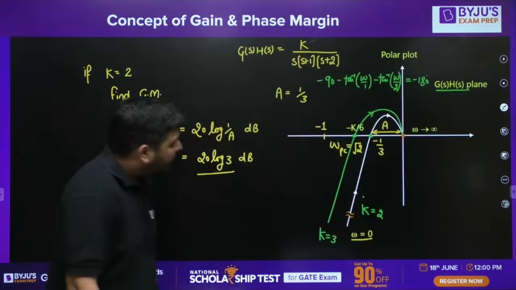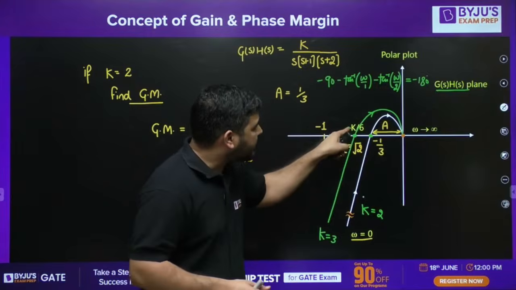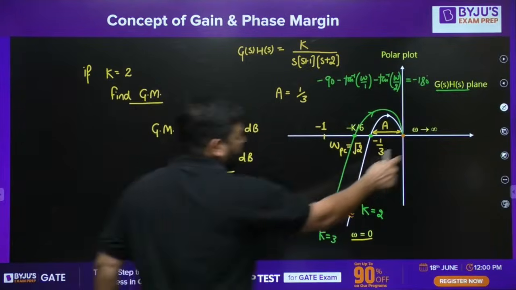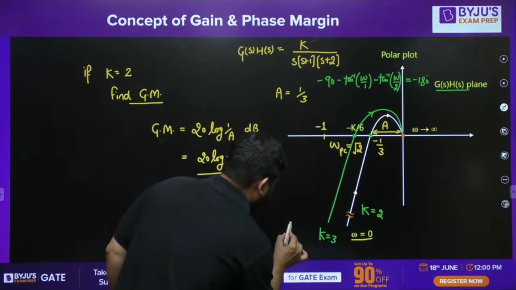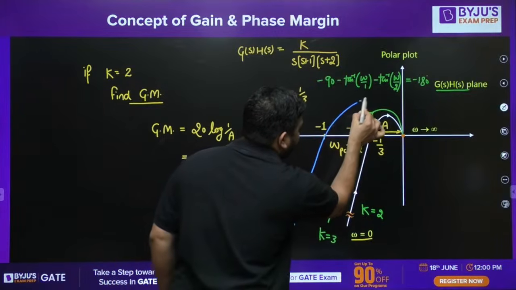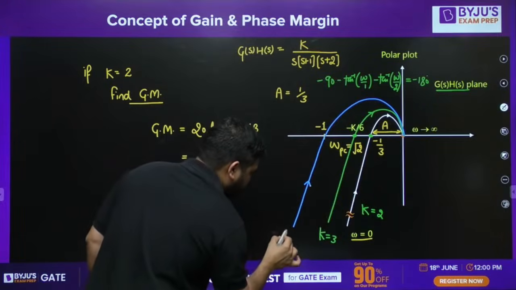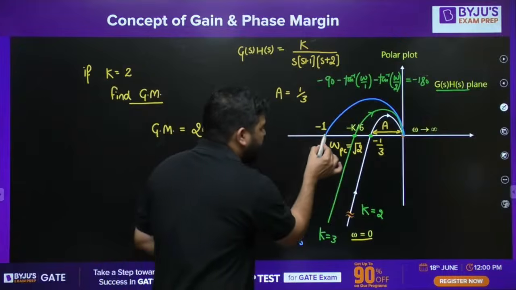Now you can see that in polar plot, if I take k as 6, then this minus 1 by 6 point will reach here. Let me redraw the diagram. So for k equal to 6, the polar plot will look like this. It means for k equal to 6, the system will become marginally stable.